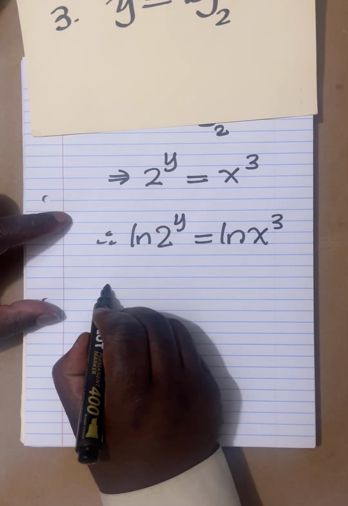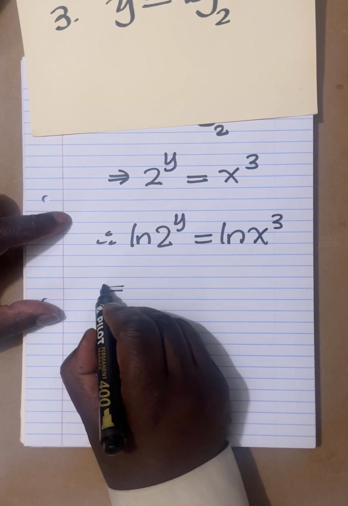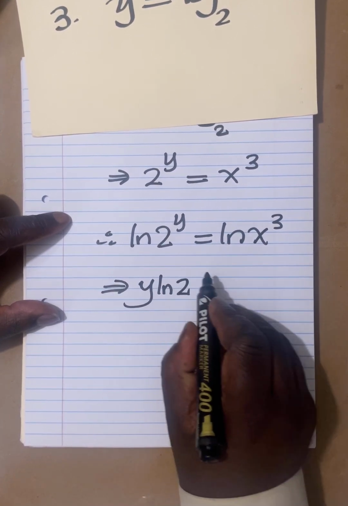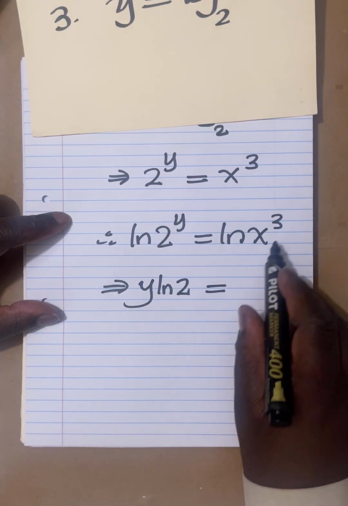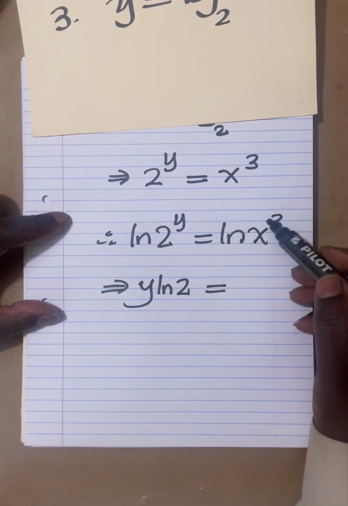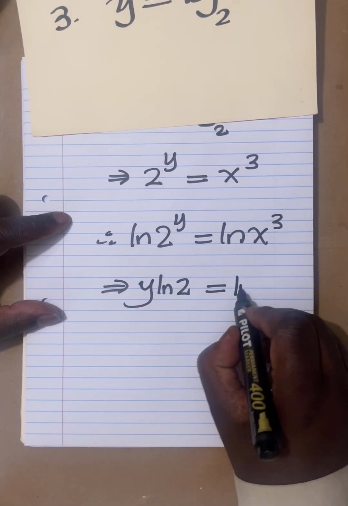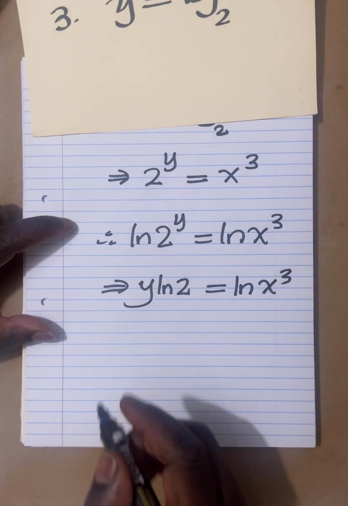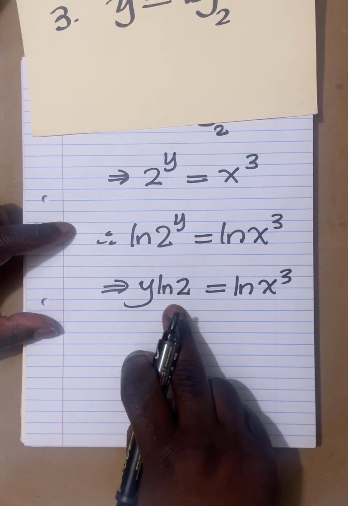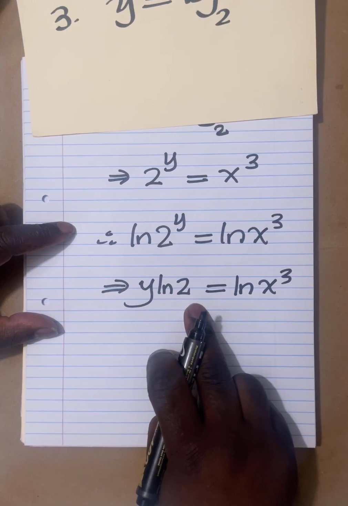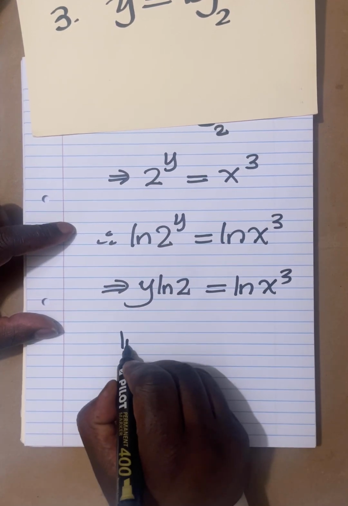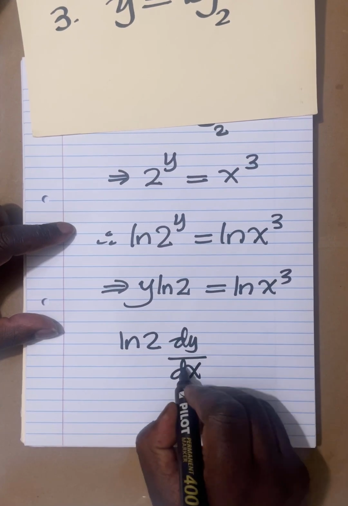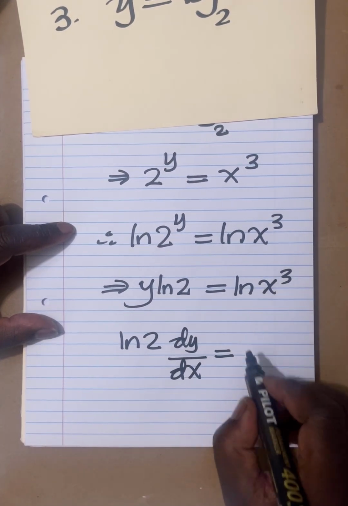You'll agree with me that this should be converted to y times natural log of 2 is equal to this one here. Because it's an expression which we have to differentiate, let's leave it the way it is. Now, on the left, I have to differentiate. And remember, natural log of 2 is a constant. So I'm going to say natural log of 2 times dy dx will be equal to derivative of this.